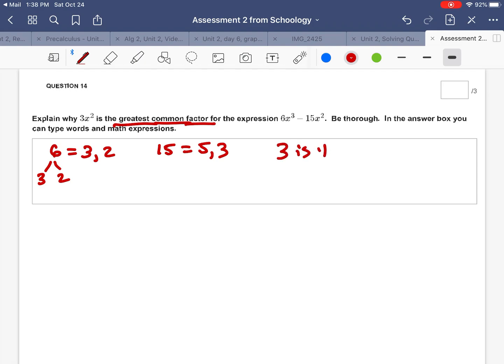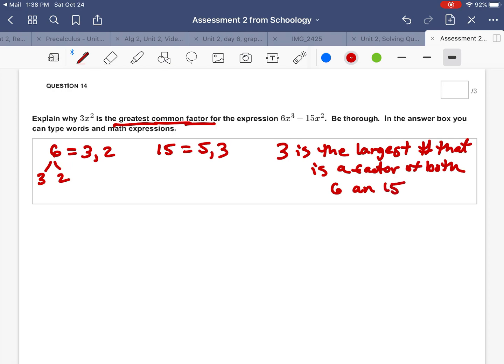So 3 is the largest number that is a factor of both 6 and 15. Okay. All right. Then you have to also, some people didn't do the x squared part. All right.